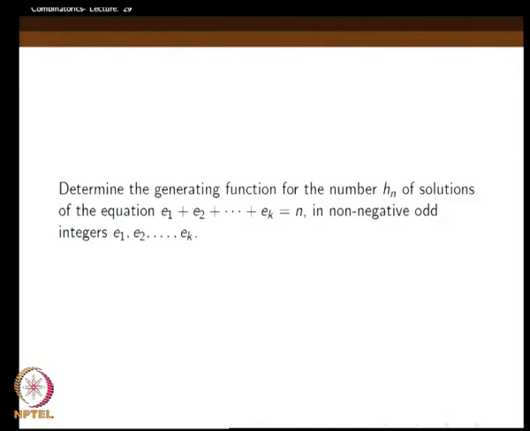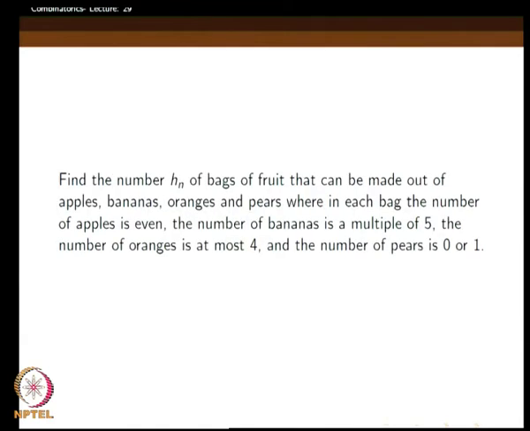Determine the generating function for the number hn of solutions of the equation. Sorry, before that, find the number hn of bags of fruit that can be made out of apples, bananas, oranges and pears, where in each bag the number of apples is even, the number of bananas is a multiple of 5, the number of oranges is at most 4, and the number of pears is 0 or 1, right.